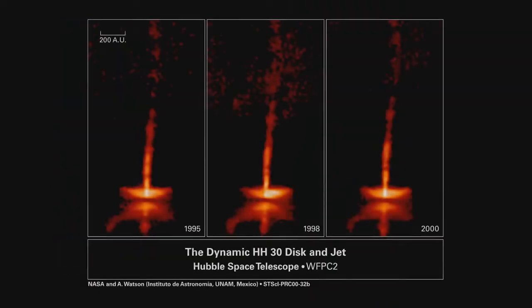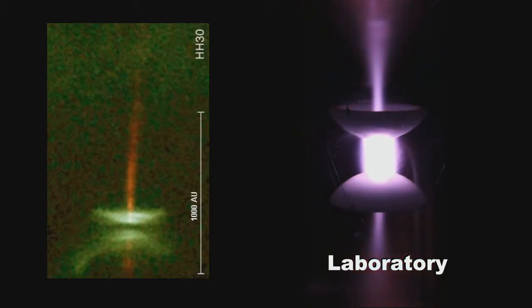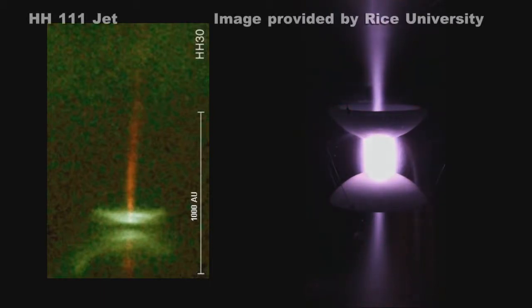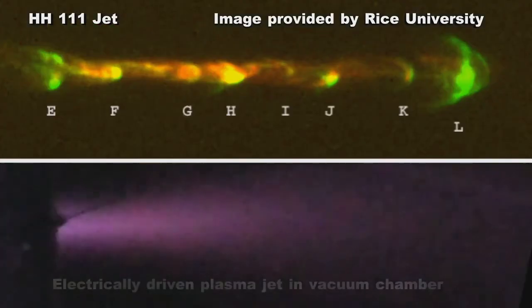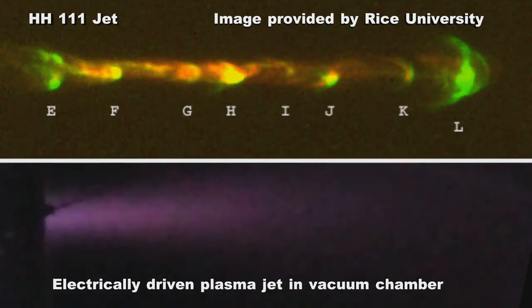HH-30 is another example of bowl-shaped magnetic fields with the ejection jets in line with the axis of HH-30. The externally electrically driven plasma jet, as shown in the lower image, is very steady and it fades gradually, whereas the jet of HH111 has dramatic pulse formations and a sudden cutoff at the tip.